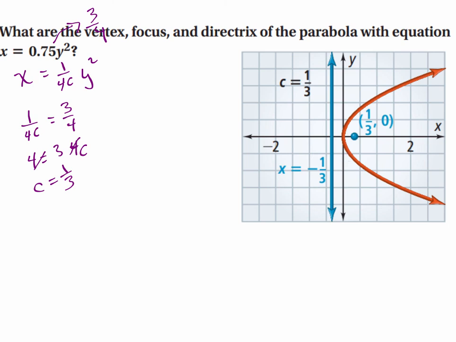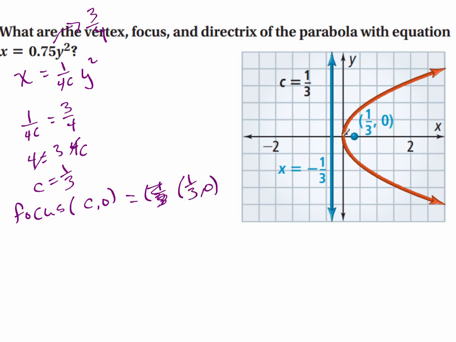Now, as soon as you have c, I can find the focus, which is (c, 0). So the focus is (1/3, 0). My pen's not working. Let me start over. It's (1/3, 0).